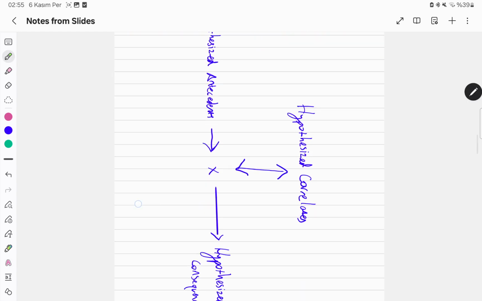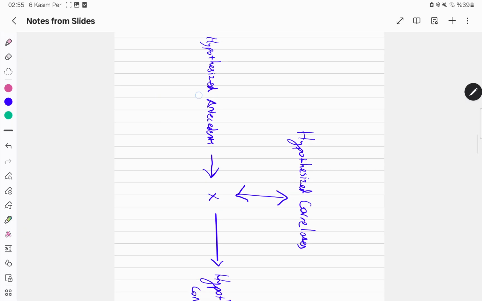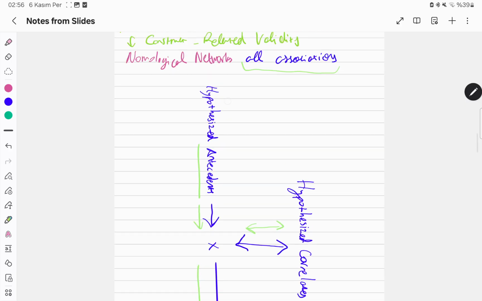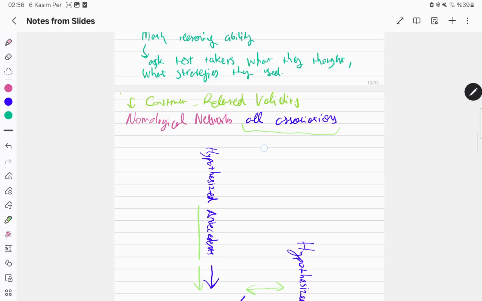For example, this is my item, right? There is an antecedent, which is the reason for my item, and there is the consequence of my item, and there is a correlation between my item and another thing. So these are the important aspects of nomological networks.